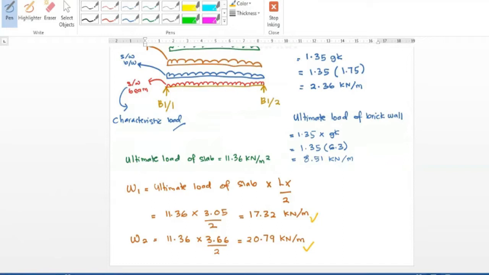W1 and W2 are slab loads which are transferred to the beam, on the beam. So the unit is kN/m, it cannot be per meter square again.